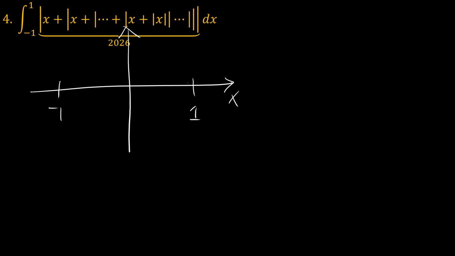And we see that in the negative domain, any negative x value, this part becomes 0, and we see that this part also becomes 0 and 0.